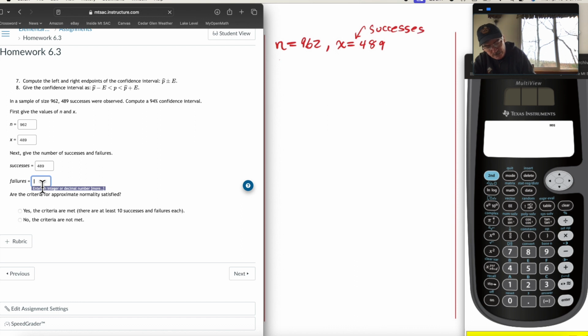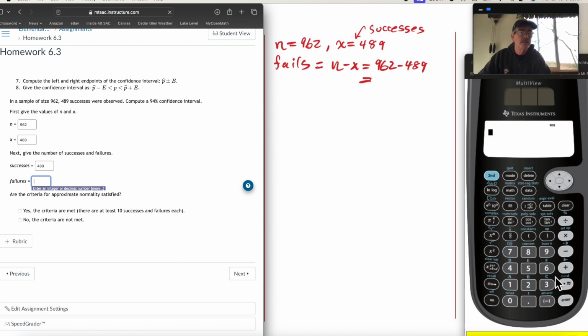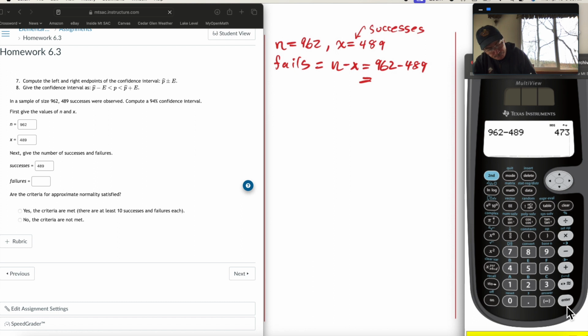Okay, so then the fails is N minus X. So 962 minus 489. So let's check that real quick. Okay, so that is 473.